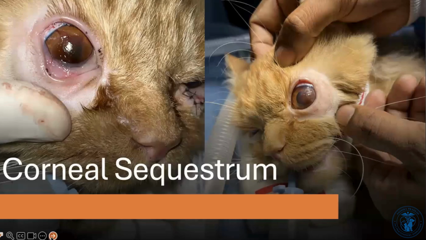So usually if any corneal ulcer in a cat is persisting for a long time, sometimes what happens is the corneal tissue goes for necrosis, and this necrosis is called a sequestrum. So in this case, this cat had inward eyelids. So this hair kept on irritating this area.